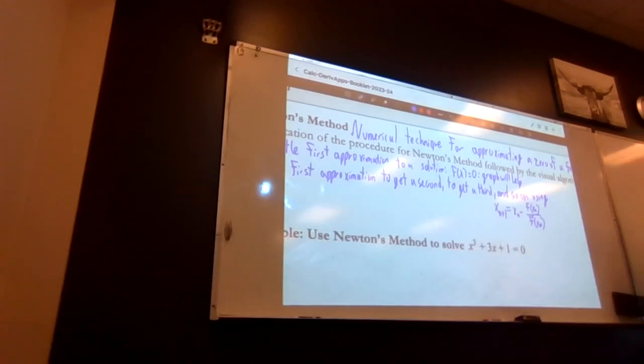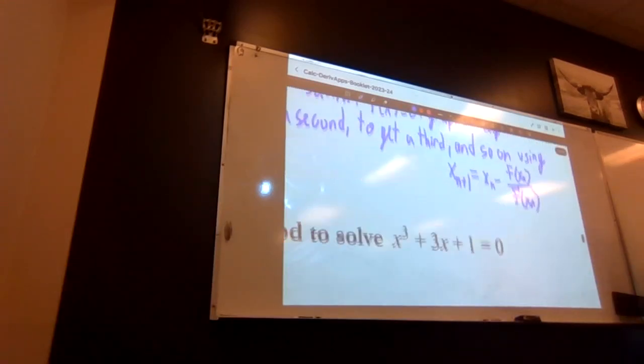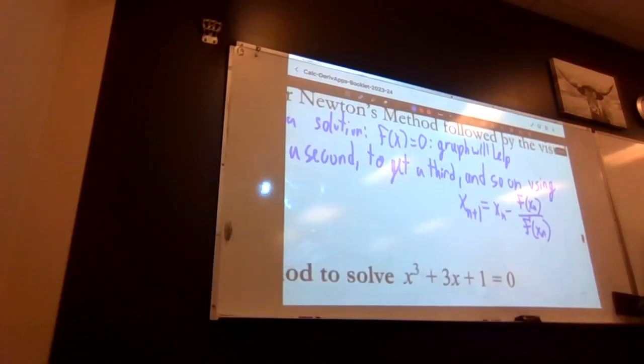So this is saying x sub n plus 1 equals x sub n minus f of x sub n divided by the derivative of f of x sub n.